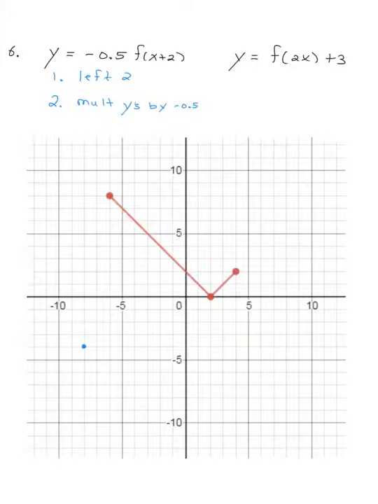Okay, second, I have to deal with this point. It's first going to go left 2 places, and then multiply the y value, which is 0, by negative 0.5. It does not go anywhere. It stays right at 0, 0. And then lastly, we have this point. It goes over 1, 2. It becomes negative 2. Taking half of it goes to negative 1. This is our point.